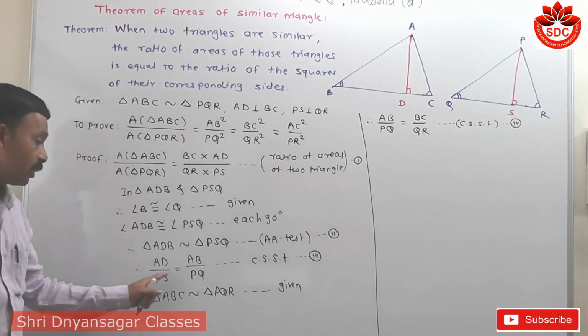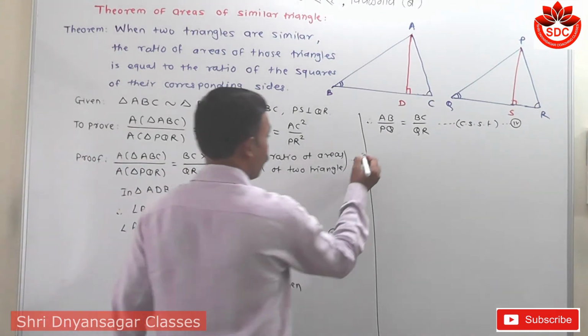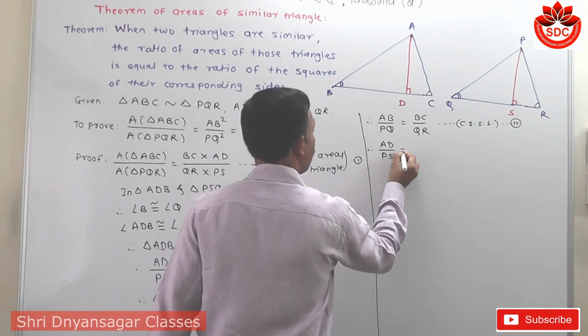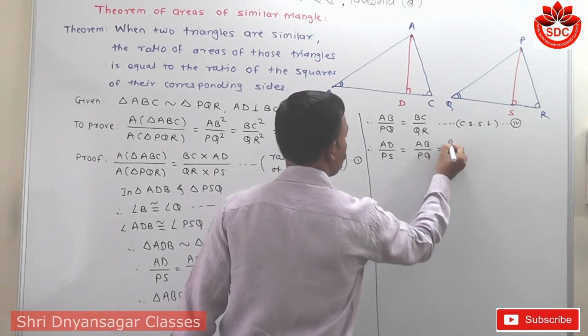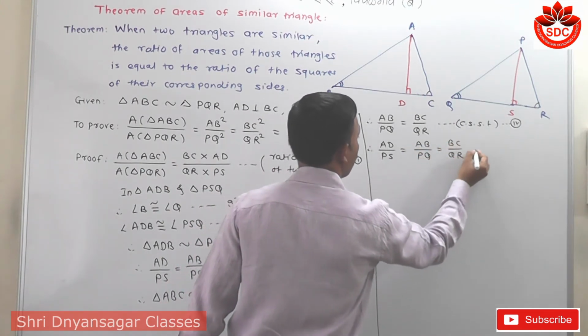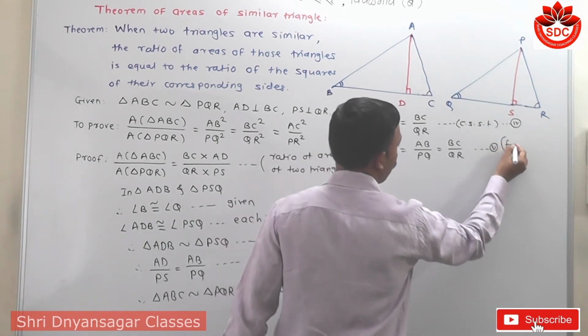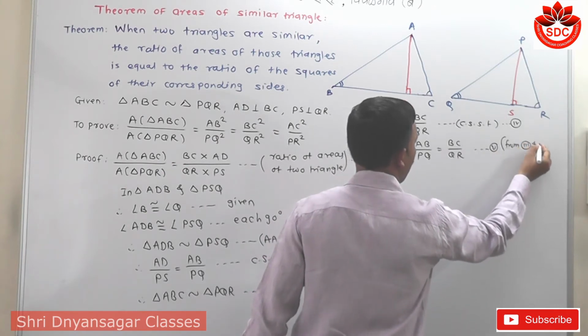It means that from third and fourth, all these ratios are equal. Therefore AD upon PS is equal to AB upon PQ is equal to BC upon QR. This is equation number 5, and the reason is from third and fourth.